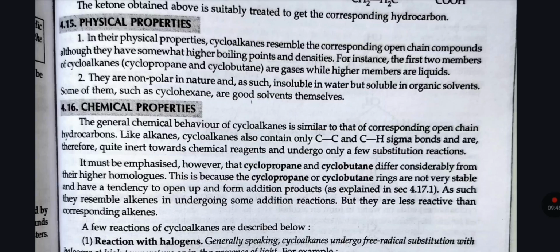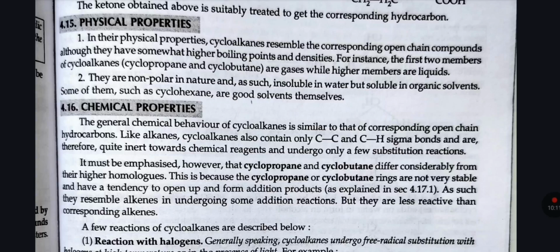4.16 Chemical properties. The general chemical behavior of cycloalkanes is similar to that of the corresponding open chain hydrocarbons like alkanes. Cycloalkanes also contain only carbon-carbon and carbon-hydrogen single bonds and are therefore quite inert towards chemical reagents and undergo only a few substitution reactions.